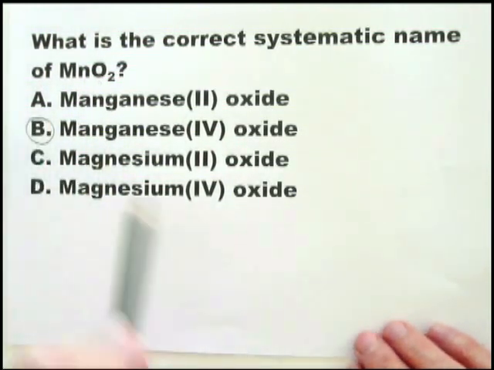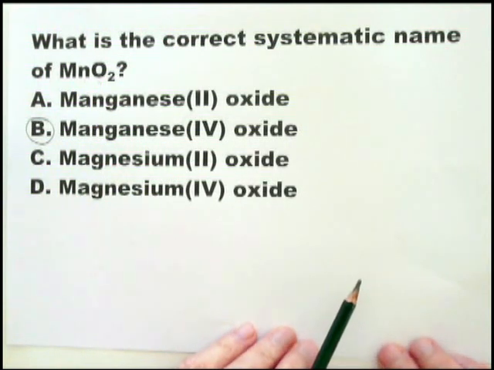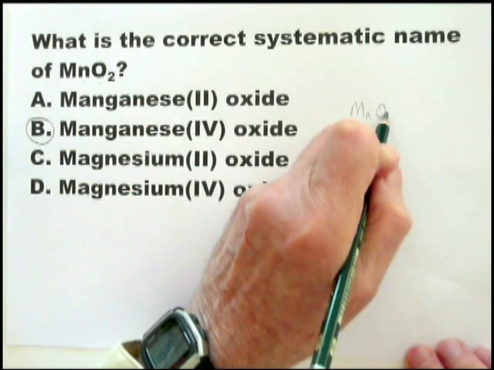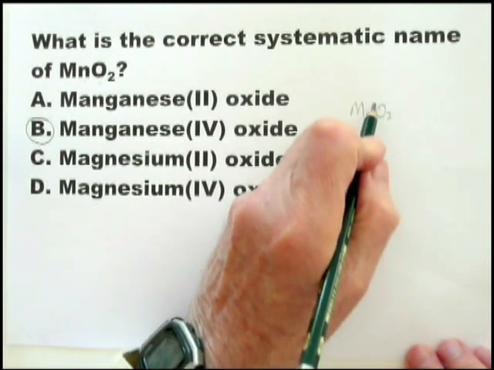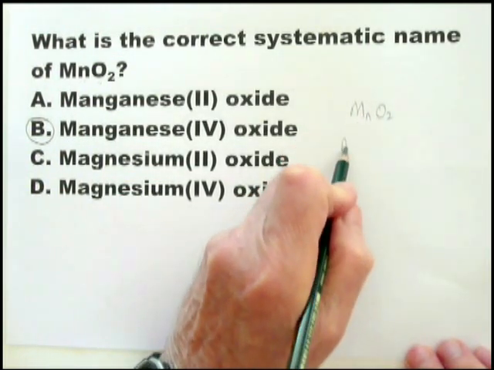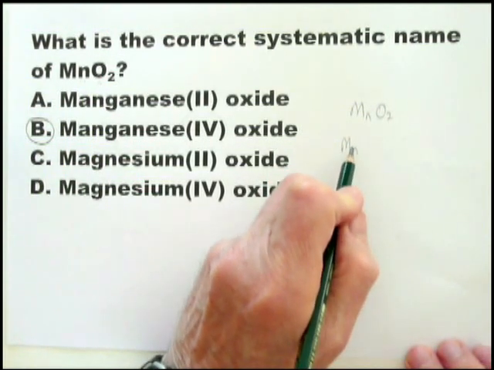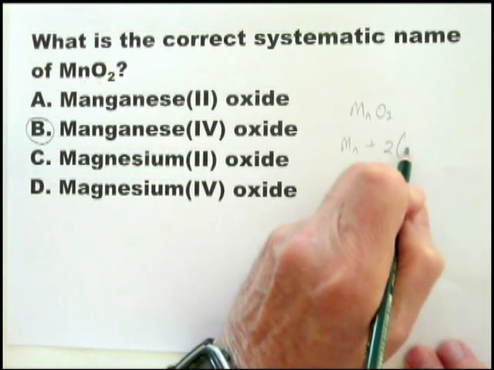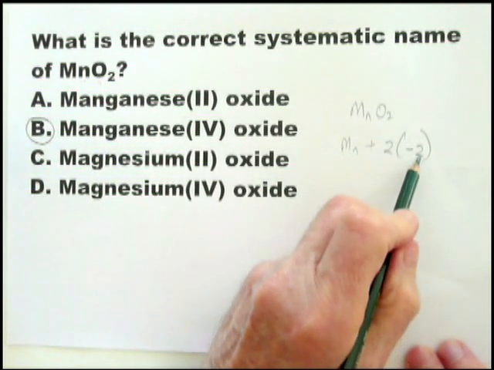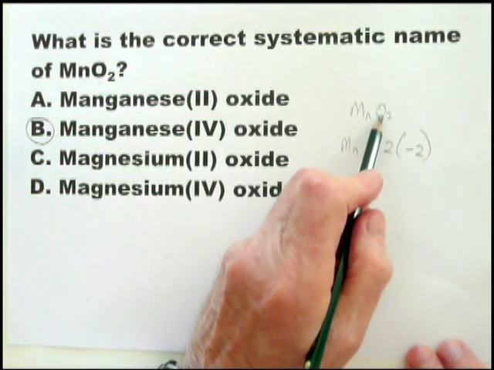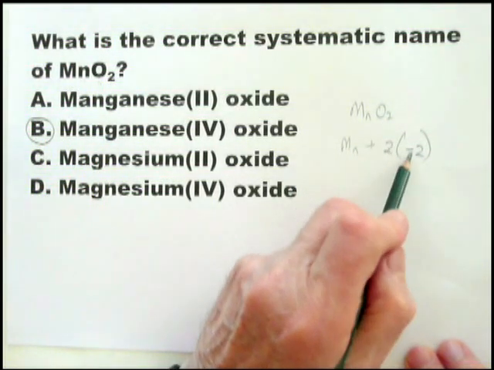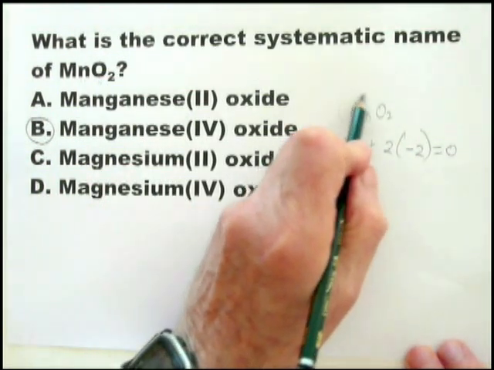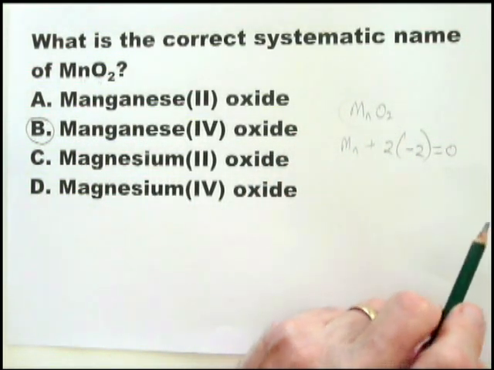Just let me show the link with the previous problem. If you put MnO2, let's have a look at the oxidation number of Mn. Mn plus 2 times minus 2, and minus 2 is the oxidation number of oxygen. So there's 2 of them, and that will equal 0 because the total species has 0 charge.